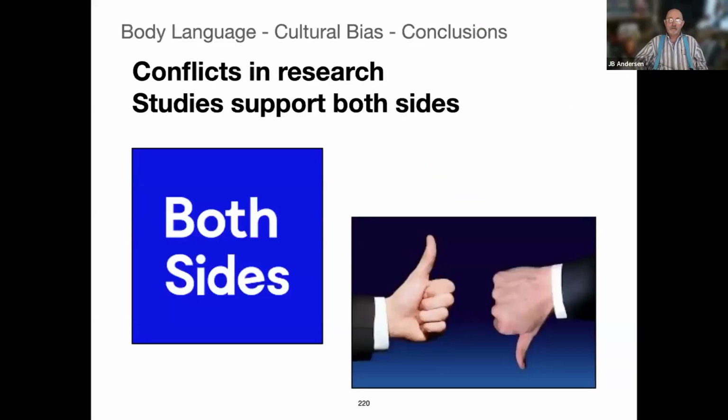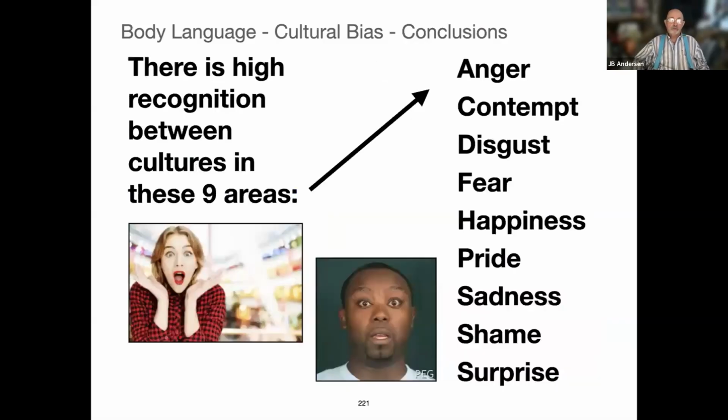Cultural bias, conclusions. There's a lot of conflicts in the research. Studies support both sides. It's biological. No, it's psychological. So what do we know? There's high recognition between cultures in 9 areas. And let's take a look at them. Anger seems to be something people can tell between different cultures.